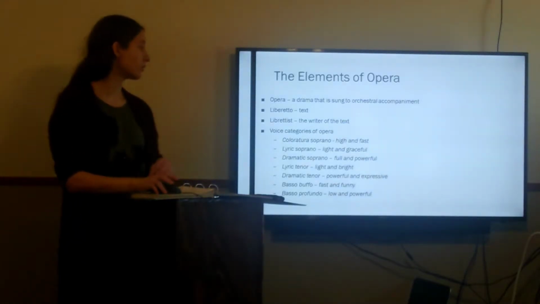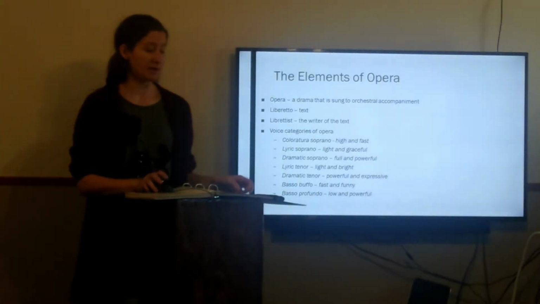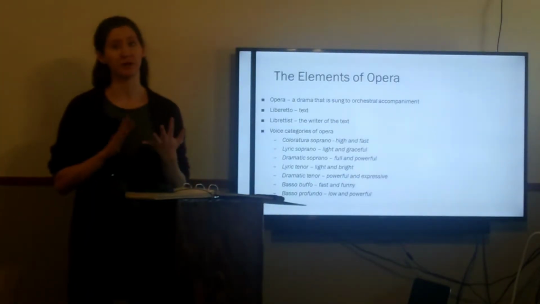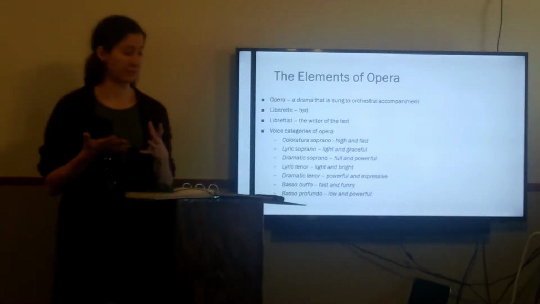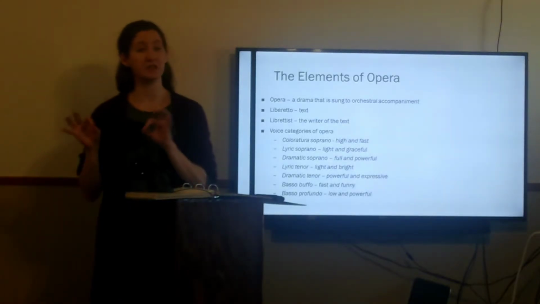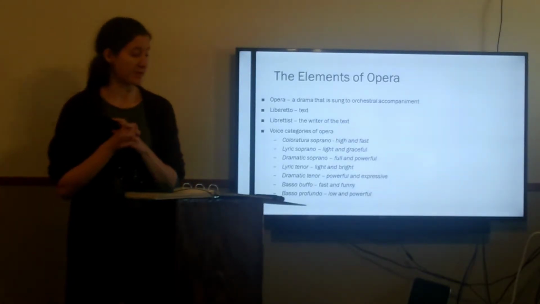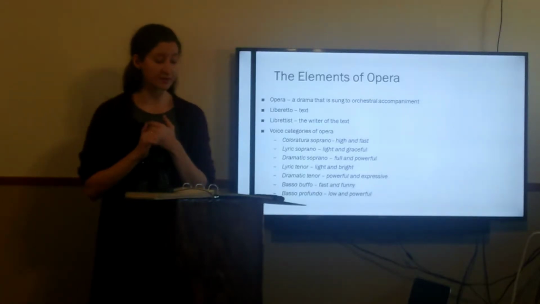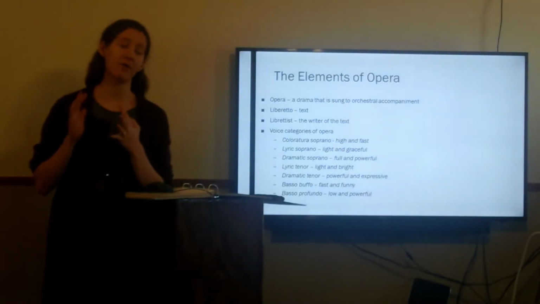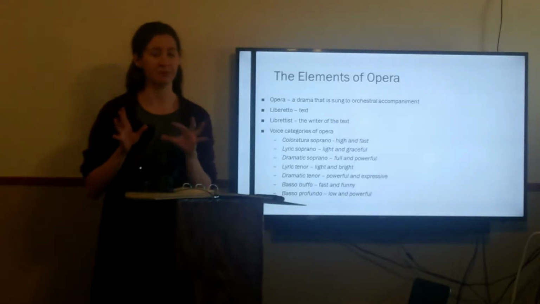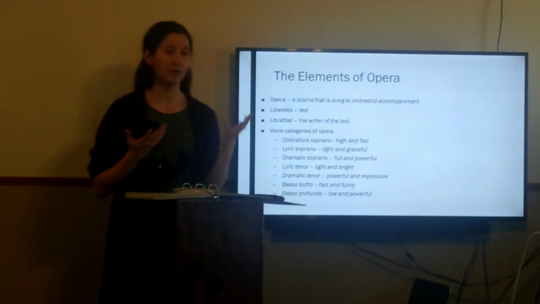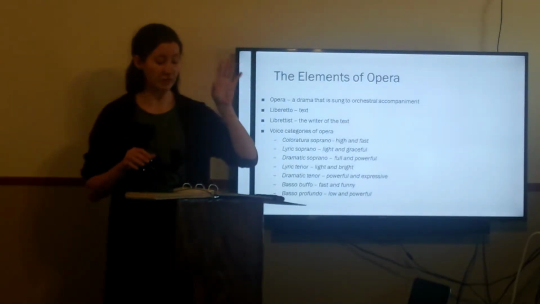We have different voice categories in opera, just like we had soprano, alto, tenor, bass, and a couple other ones. We have different divisions of soloists here. So we have what we call a coloratura soprano, a lyric soprano, and a dramatic soprano, and there's a difference between them. Your textbook gives them. Coloratura sopranos are the ones that sing really, really high.